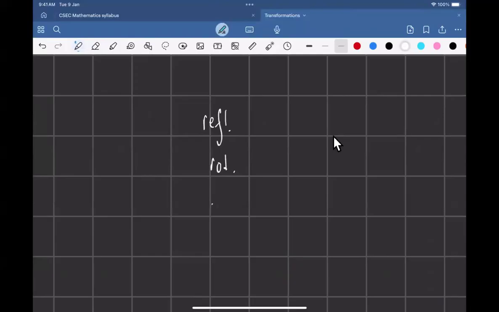If I make a shape bigger or smaller, I'll call that what? Enlargement. Yes. And the last one is I move a shape. Translation.